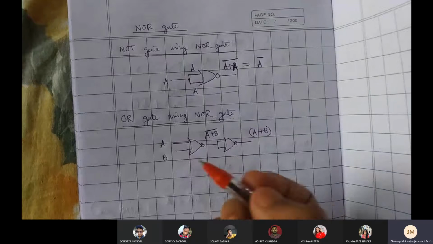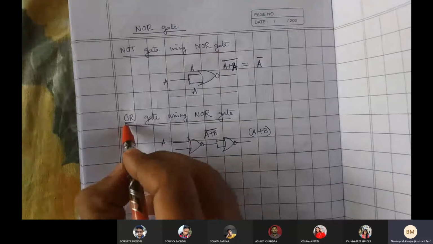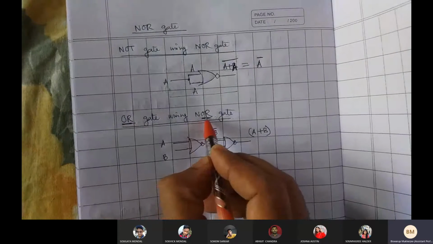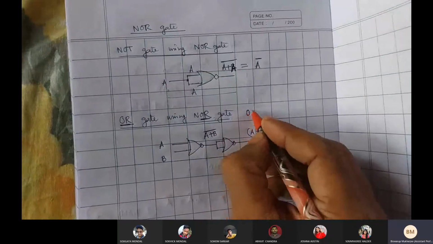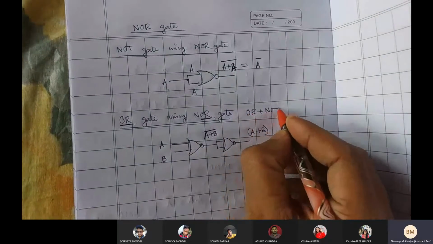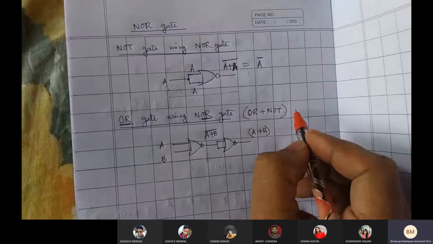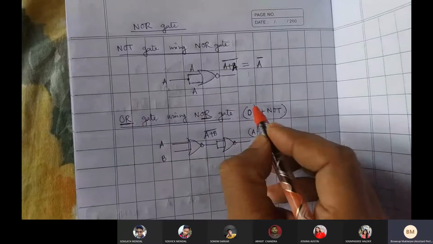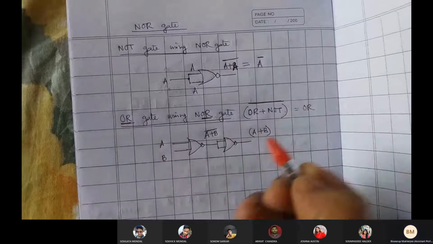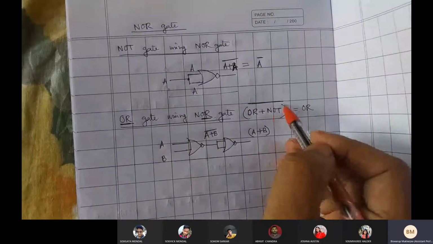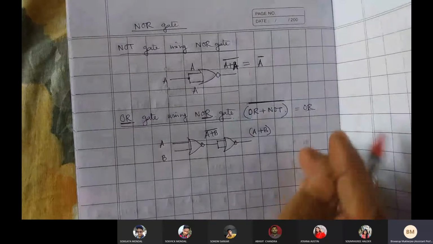Again, here you can see for making OR using NOR, what do we have to do? Because NOR is nothing but OR plus NOT. If we again make a complement of that one, it becomes OR. I have already got one NOT, so if I make complement of this one, I can get back the OR.